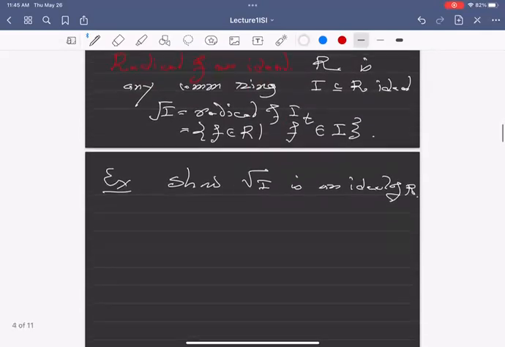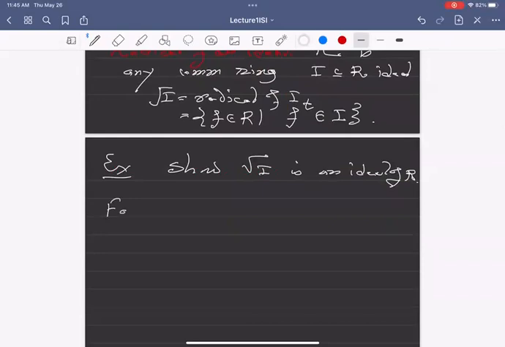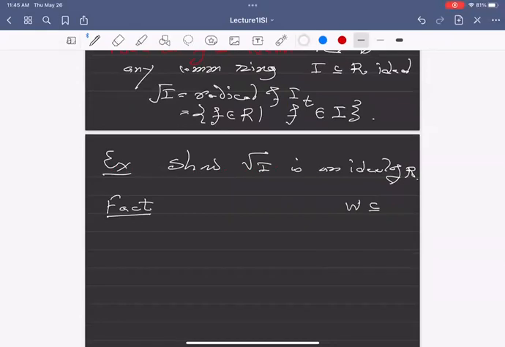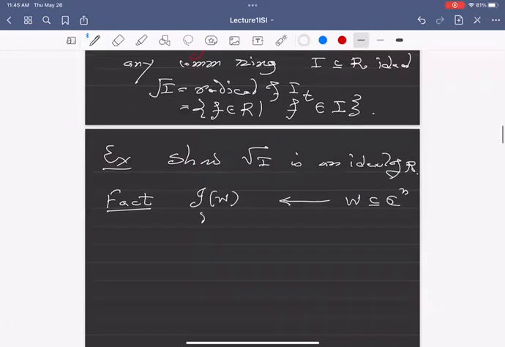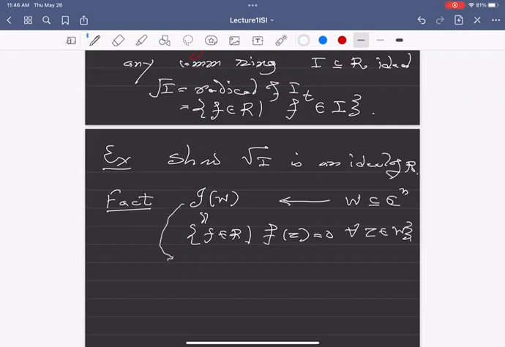Now let's observe that if I pick a subset W of Cn, and to it I associate the ideal of W, remember, it is all polynomials which vanish at every point in W. Let's show that this ideal of W has the property that its radical is itself.